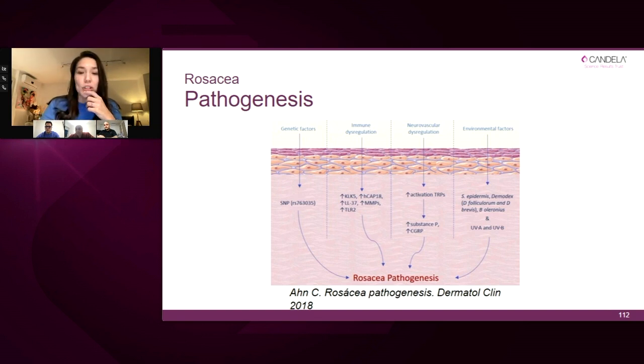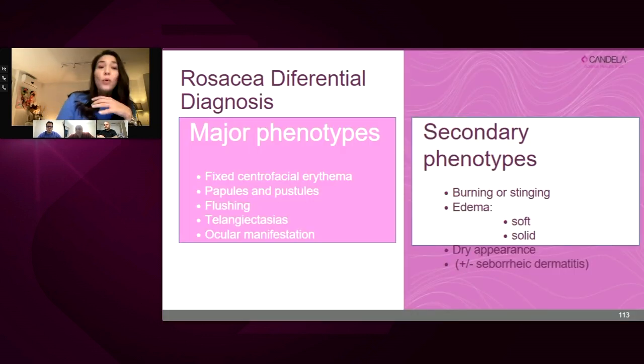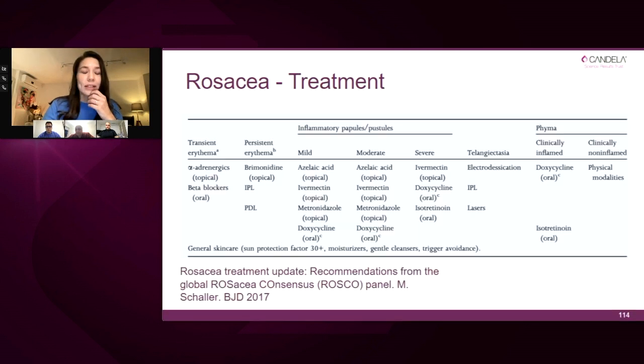Also, there are some major and secondary phenotypes. Patients always complain about burning, stinging, and edema, and it very much affects their social life. So IPL and lasers have their own place in the treatment of rosacea.